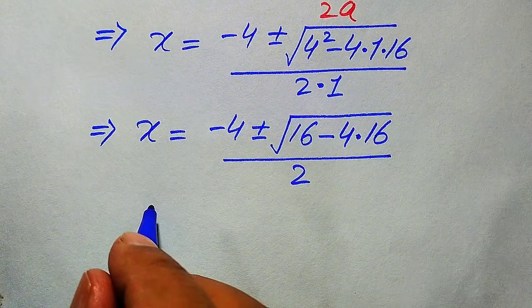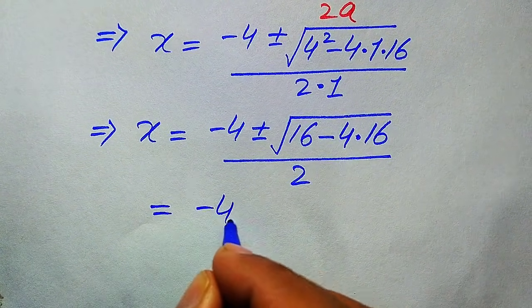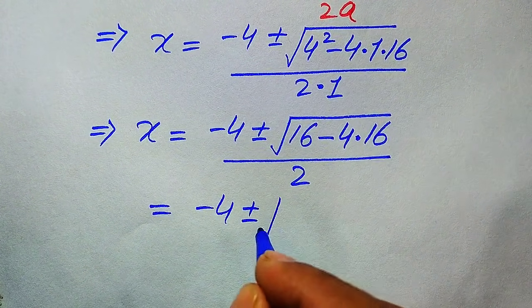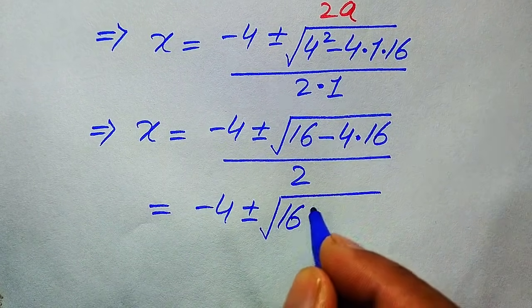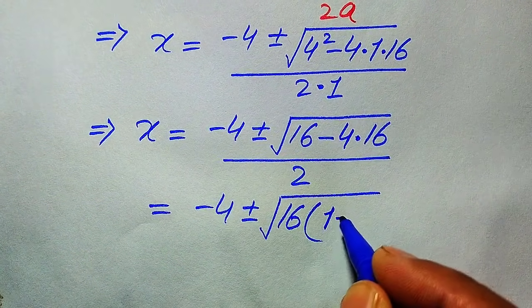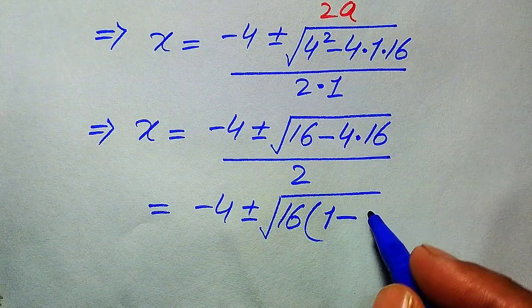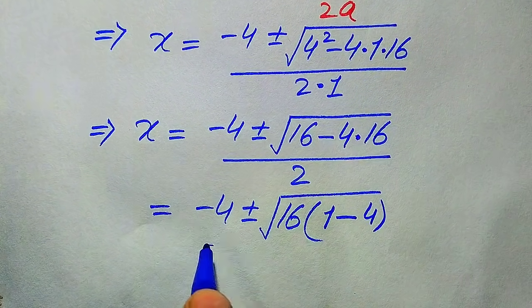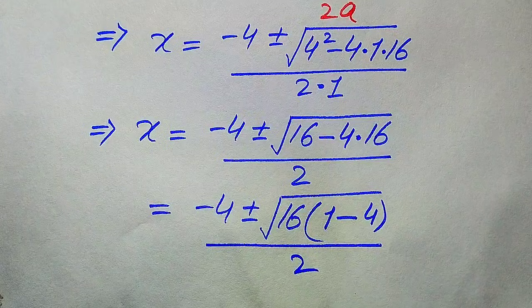Further in the next step, inside the square root sign we need to take 16 common, and when we take 16 common, the remaining values are 1 minus 4, divided by 2.